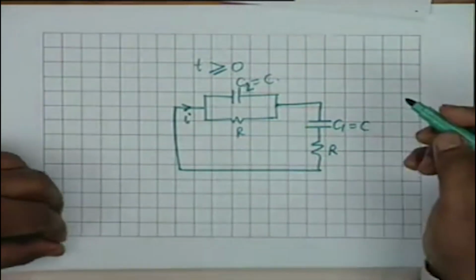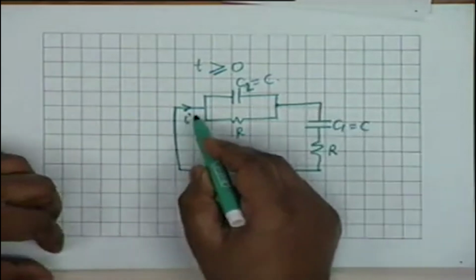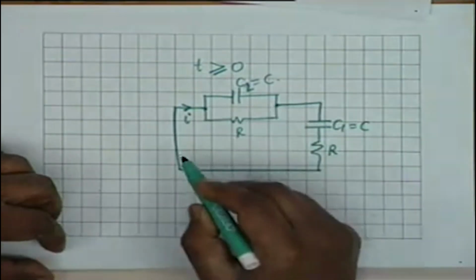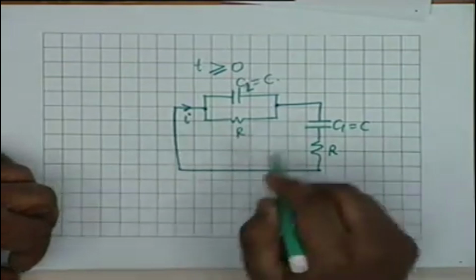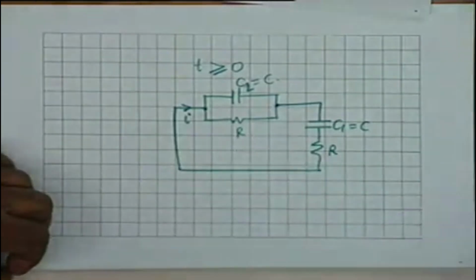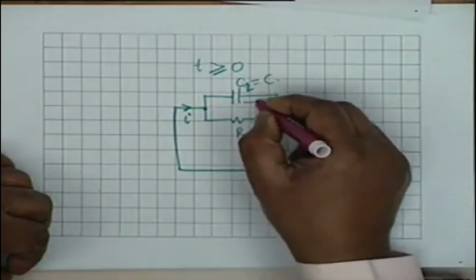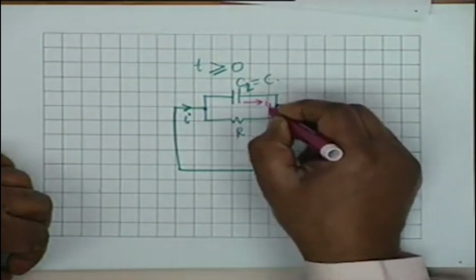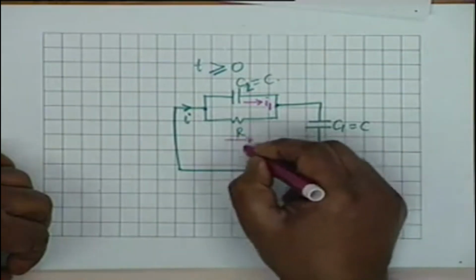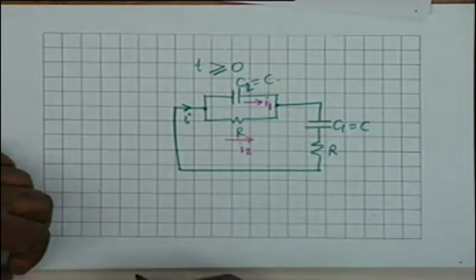But before I write KVL, this current I finds two paths. You have to be very careful in solving such problems. It finds two paths. One of them is through the capacitor. Let's call this I1, and the other path is I2. Alright.